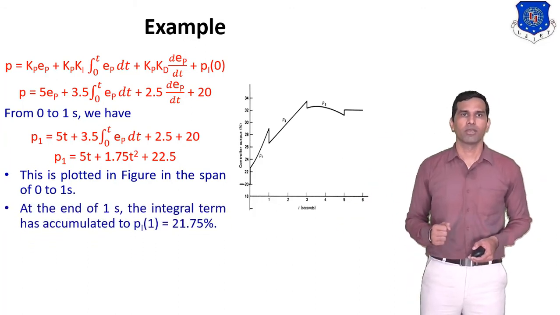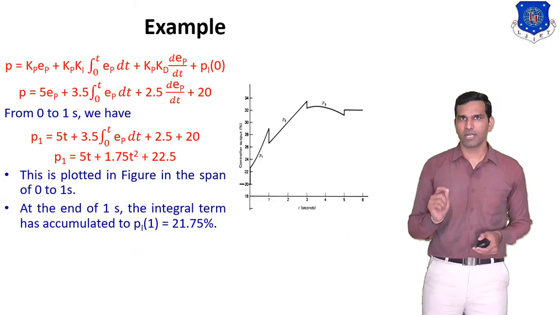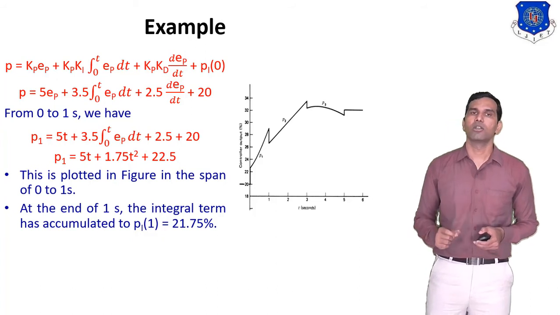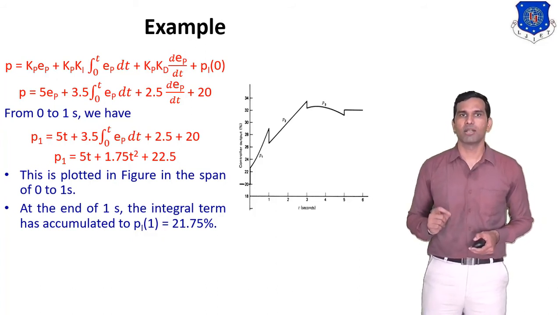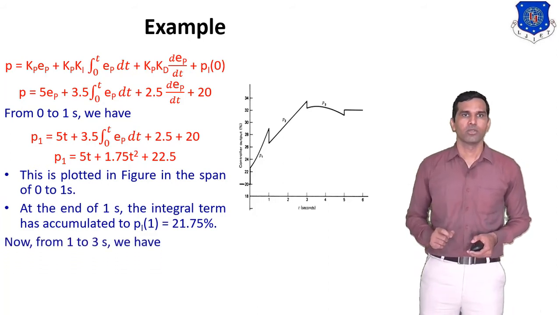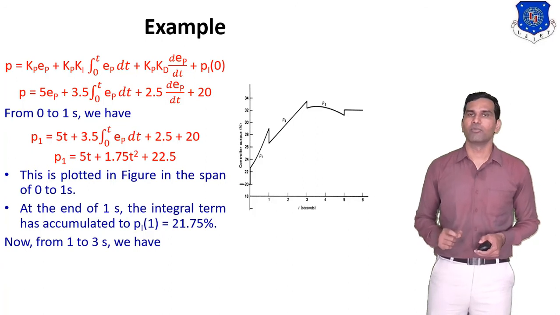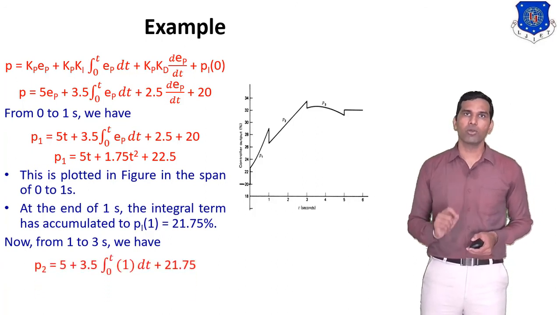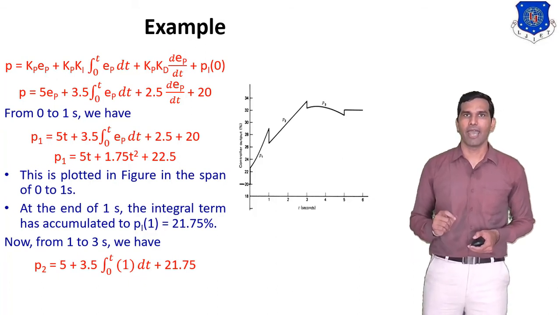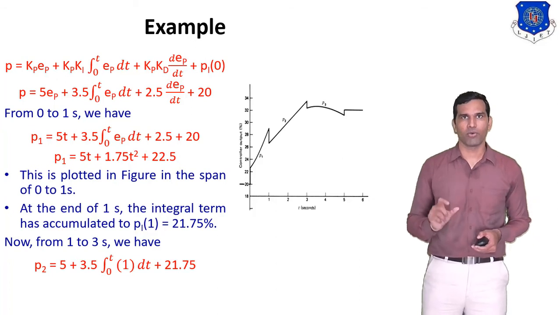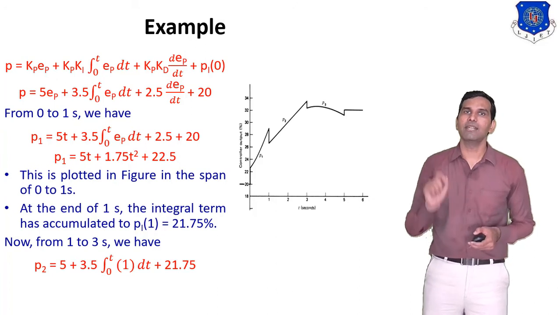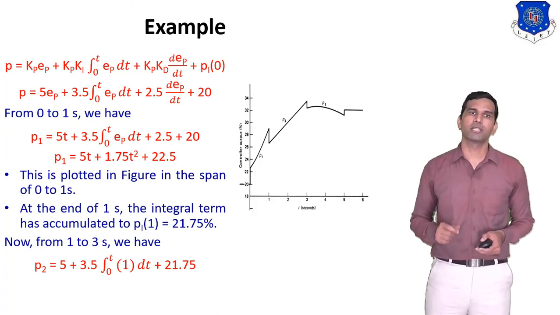This is the plot in the figure in the span of 0 to 1 second. At the end of 1 second, the integral term has accumulated to P1 equals 21.75%. Now from 1 to 3 seconds, we have P2 equals 5 plus 3.5 integral from 0 to t, and we know Ep equals 1 for 1 to 3 seconds, so we write 1 dt plus 21.75.